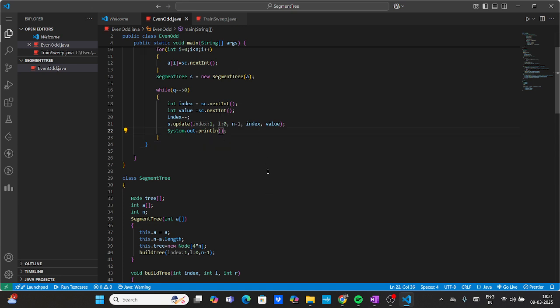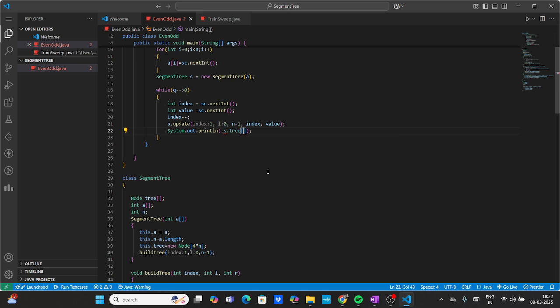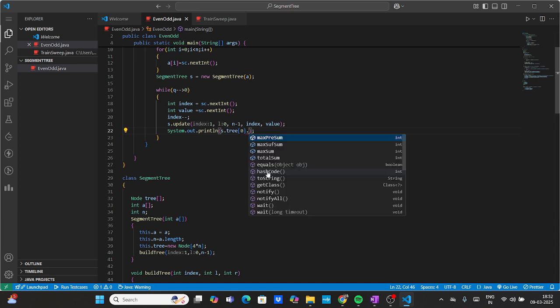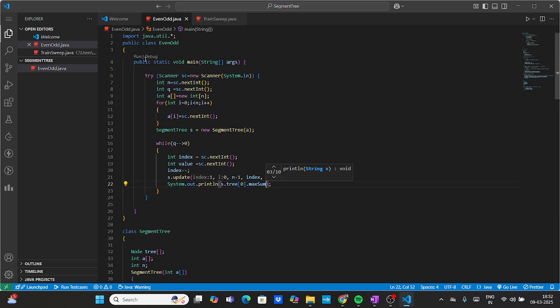So s dot tree of 1 or 0? 0 or 1? 0, root node. Dot, is it not max? Max. Okay? Shall we run then? Yes.